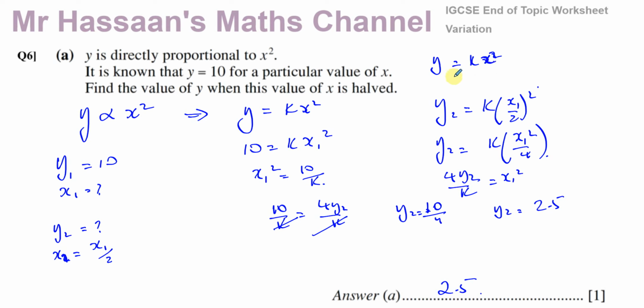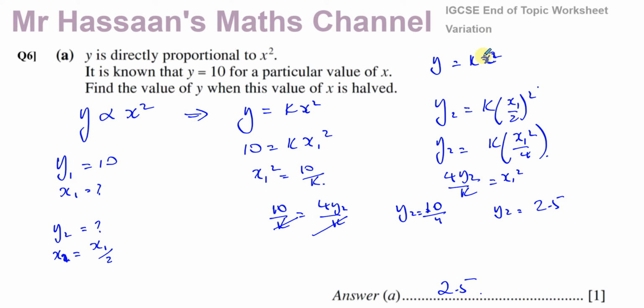So if x is halved, if you divide x by 2, then y is going to be reduced to a quarter, because a half squared gives you a quarter. So y is going to be a quarter of itself. If you double x, y is going to increase by a factor of 4.